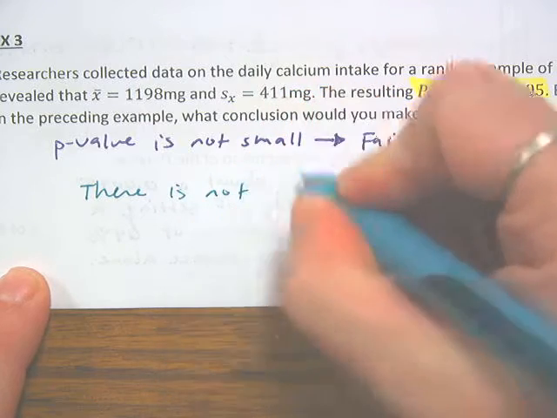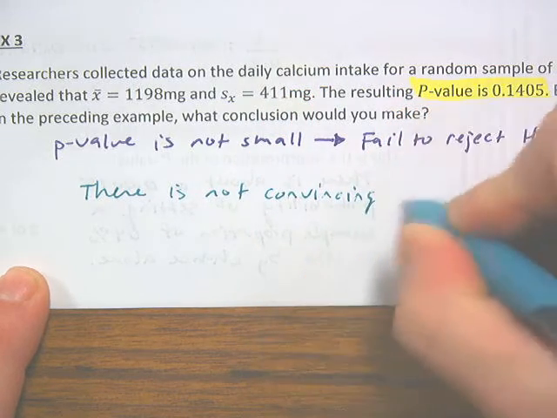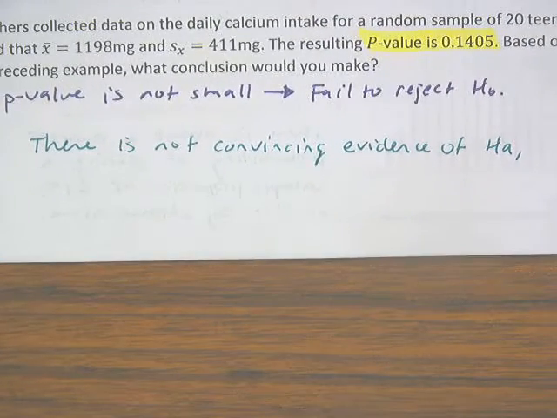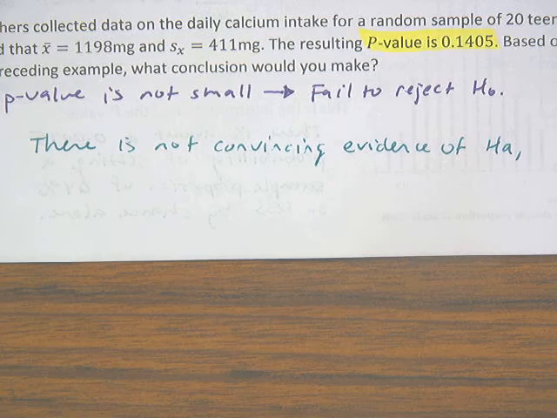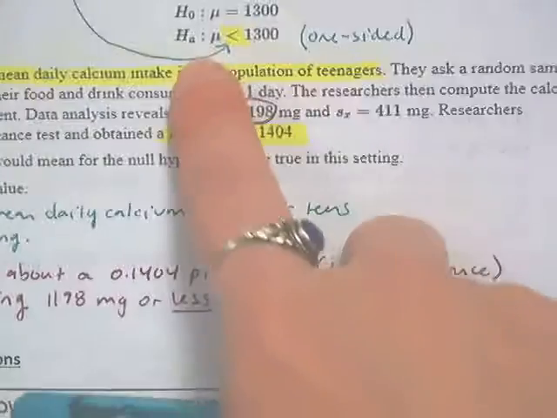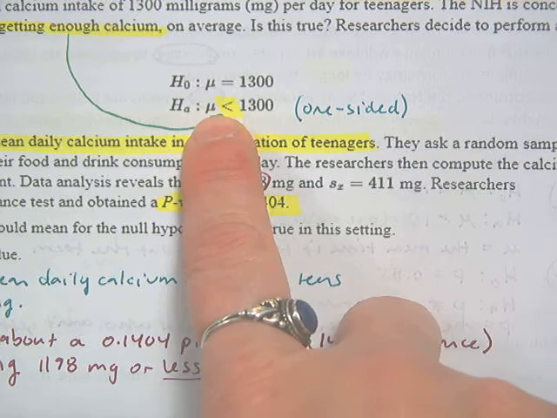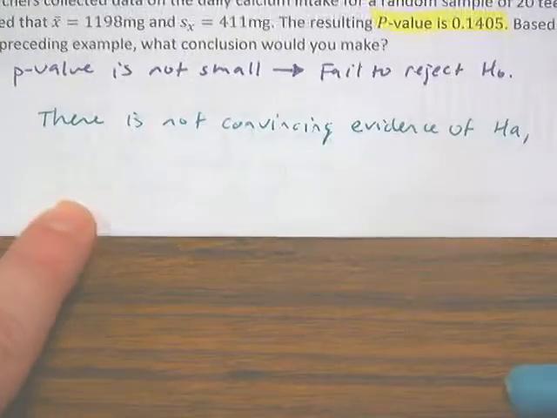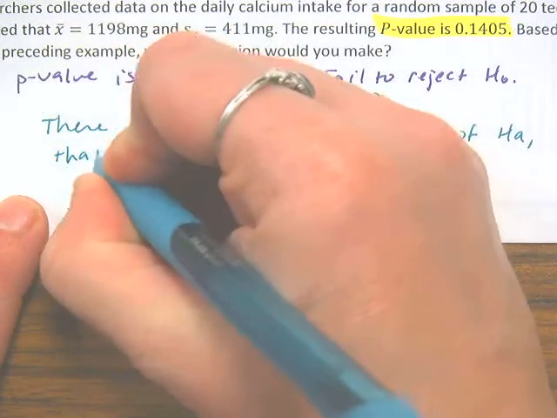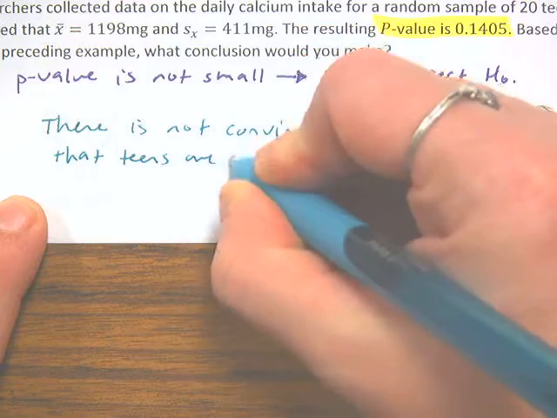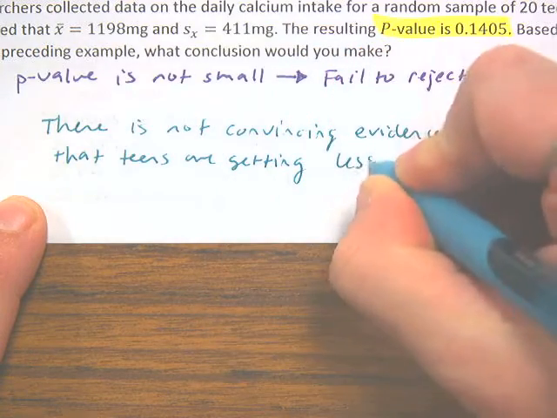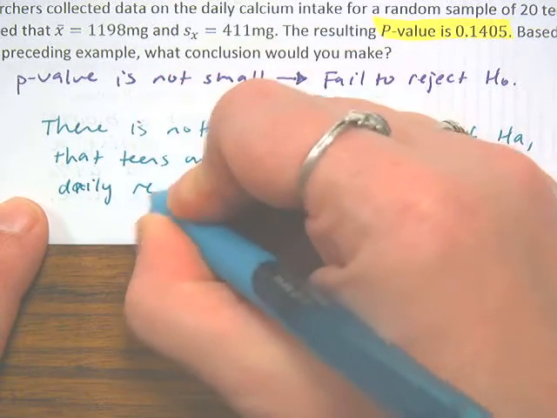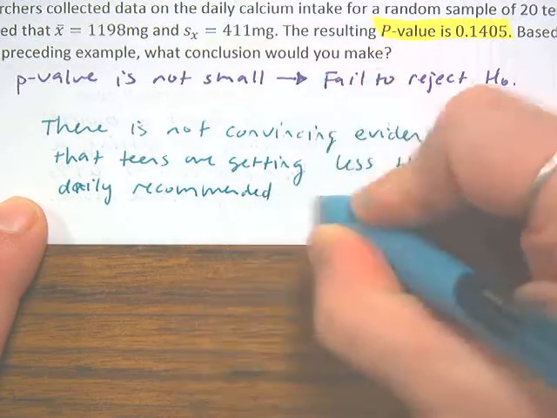There is not convincing evidence of HA, comma, and we need to write it in context of this calcium stuff. What does that mean? There's not convincing evidence that teens are getting less than the daily recommended amount of calcium. And that's it.